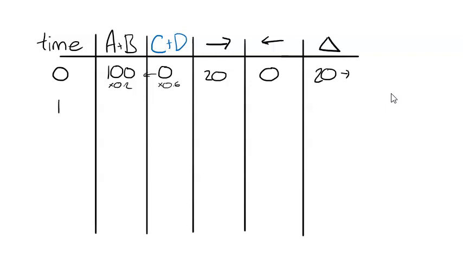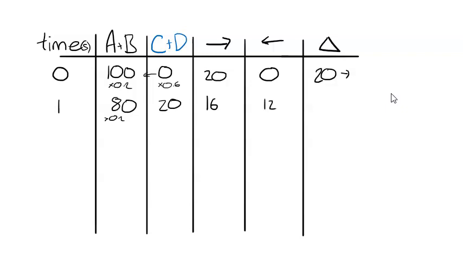So at time 1, if this is seconds, we're going to have 80 particles and 20 particles of C and D. Now this time if we go times 0.2, we're going to equal 16. So 16 reactants are going to turn into products, and then 20 times 0.6 will be 12.